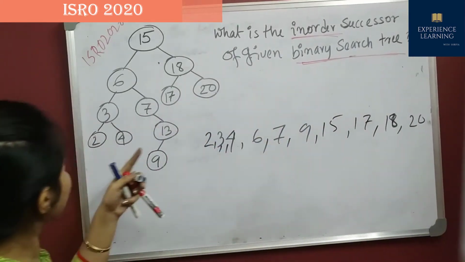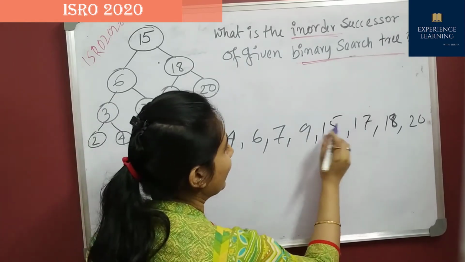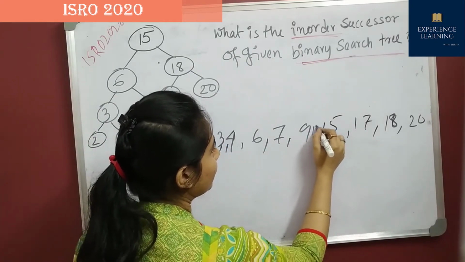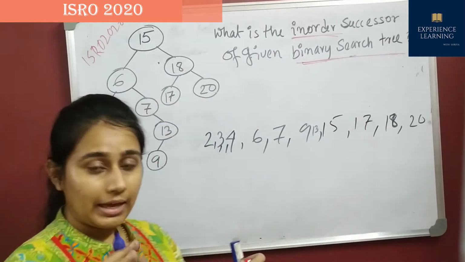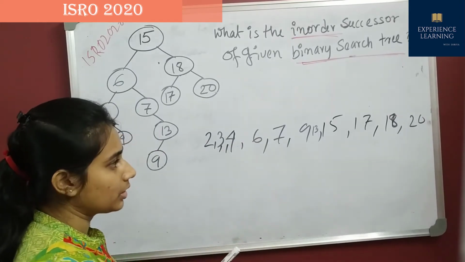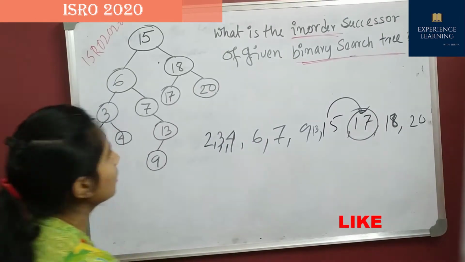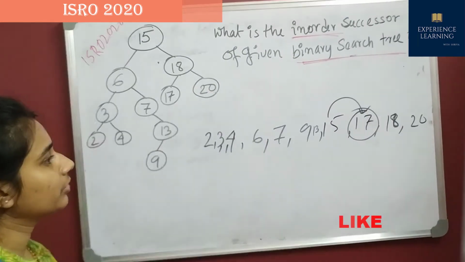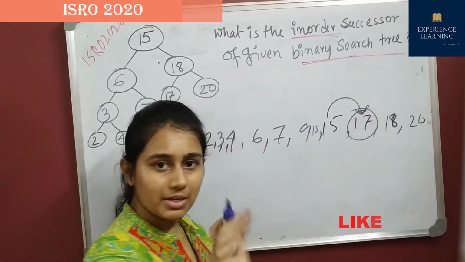As it is given, you can easily understand the in-order successor will be 17. Sorry, I forgot to give the options. Whatever, the in-order successor will be 17.